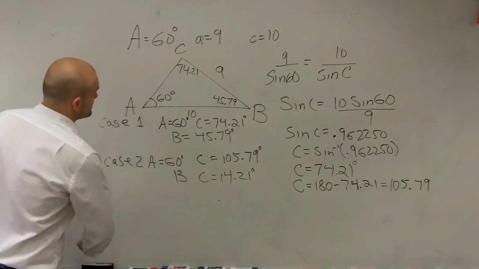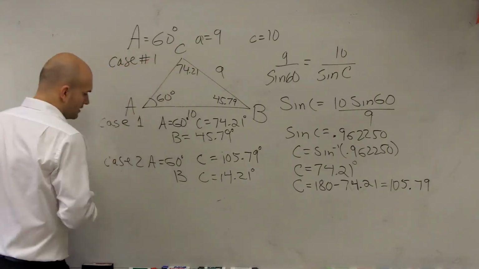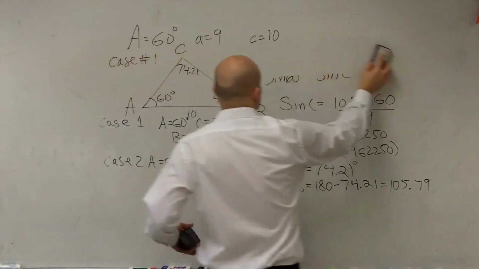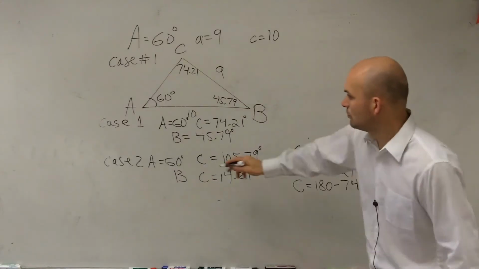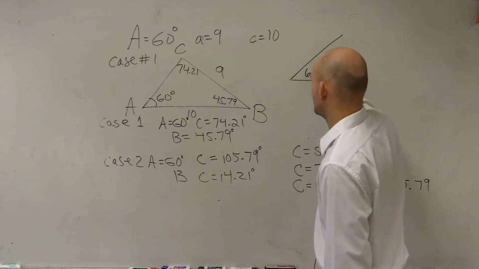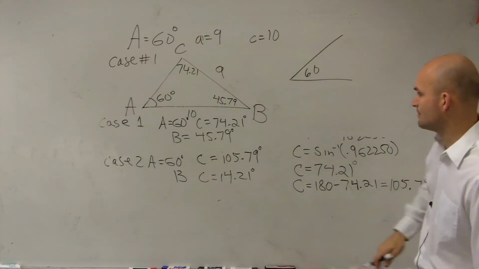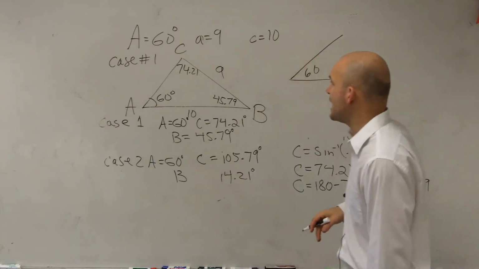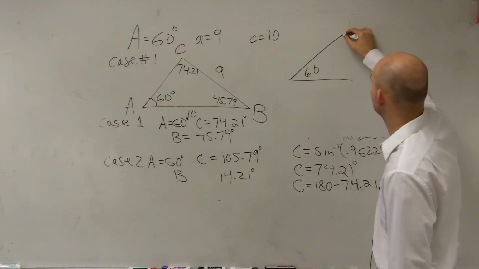So that's case number 1. Let's take a look at case number 2. What would my triangle look like if I still had A as 60 degrees, but now B is 14.21, and C is going to be 105 degrees?